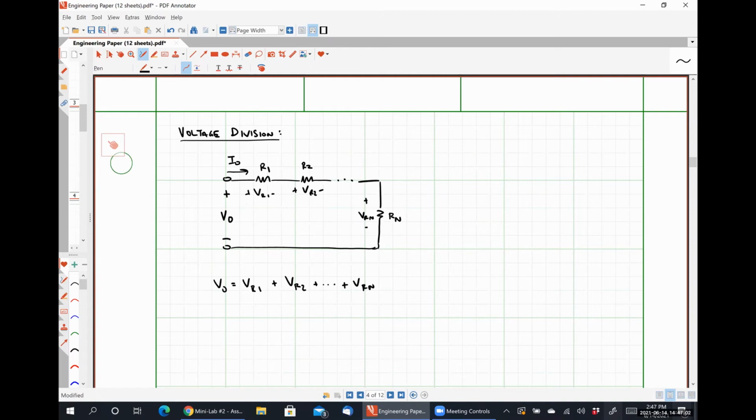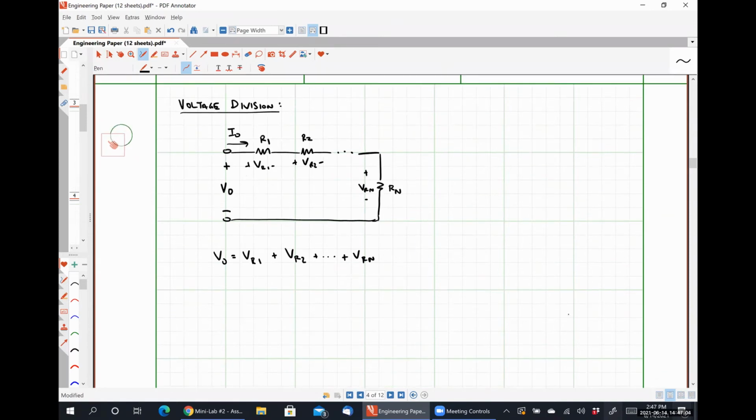I can express all of my resistor voltages in terms of that current. So that would be I naught times R1 plus I naught times R2 plus I naught times Rn.